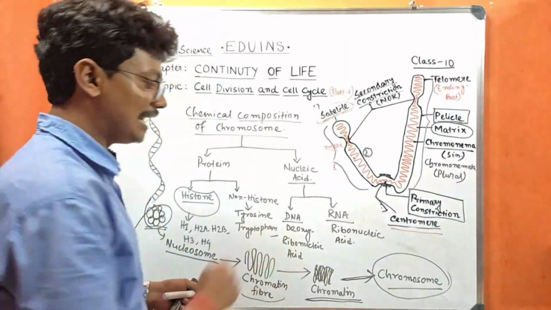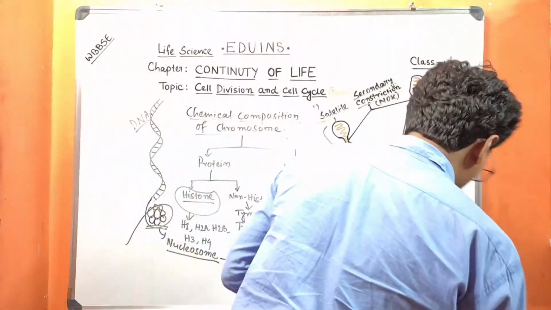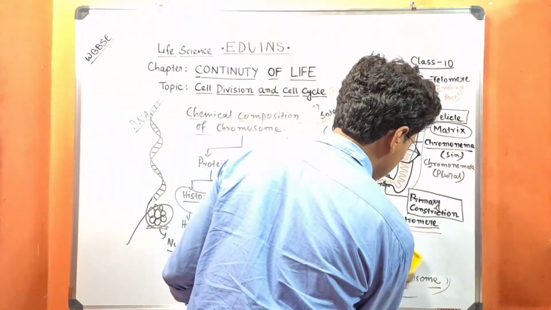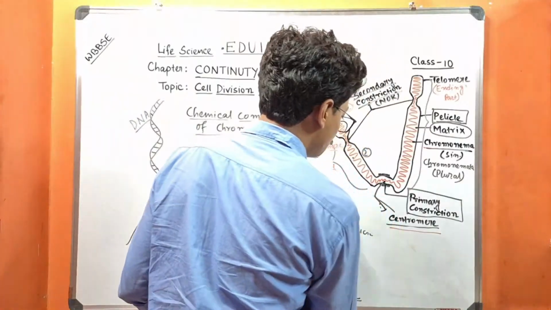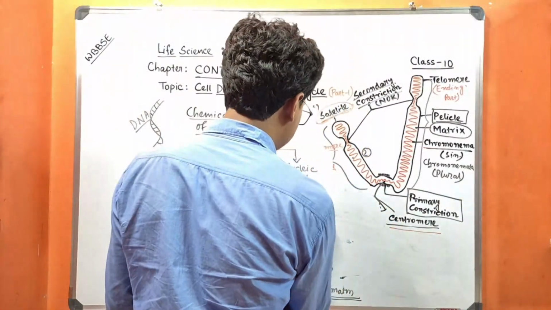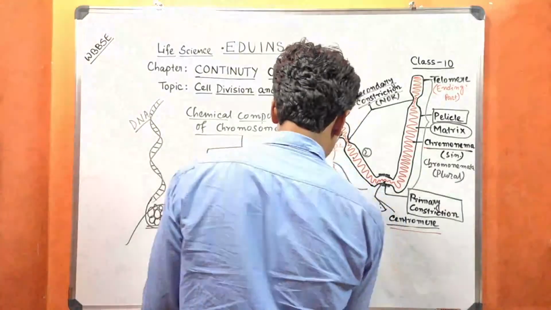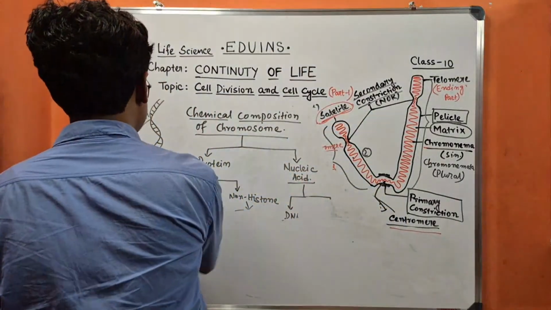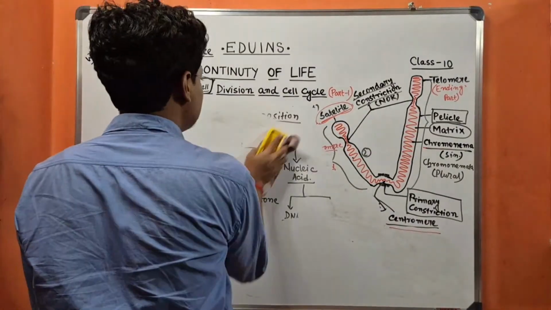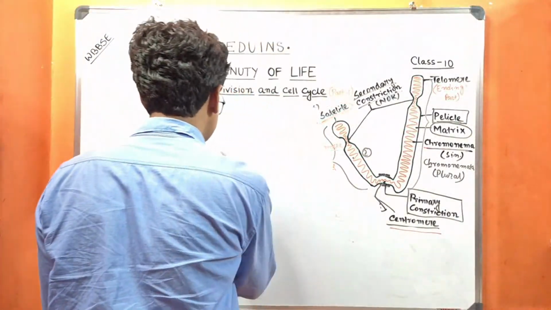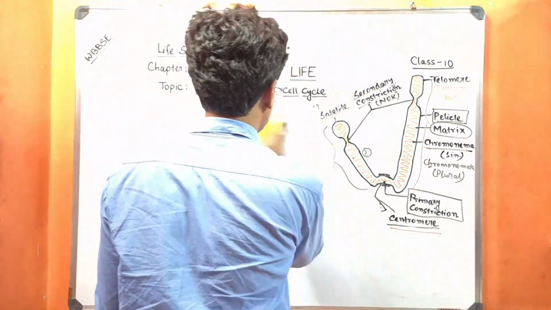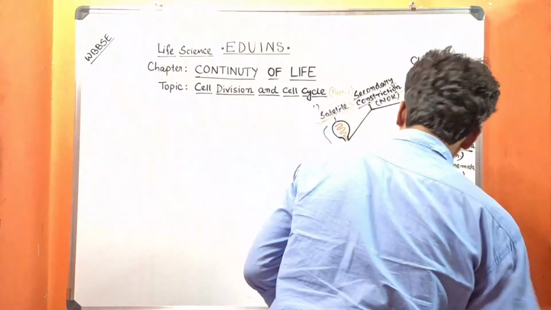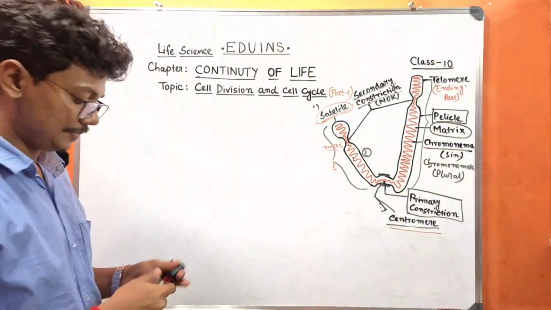Before going to the DNA structure, an important point: the chromosome has two parts, the highly stained and the normally or lightly stained. The highly stained and normally stained structures occur due to the condensation or coiling of the DNA.